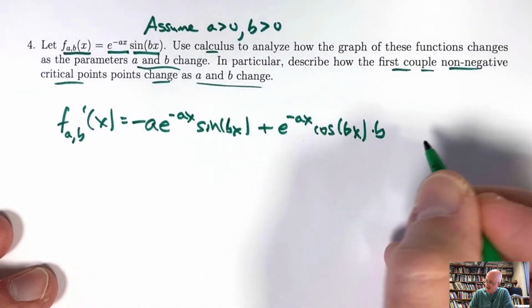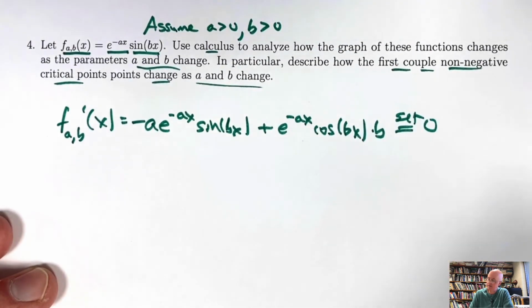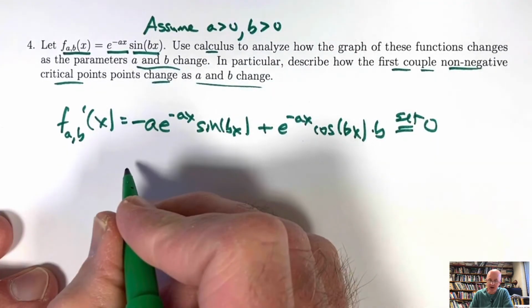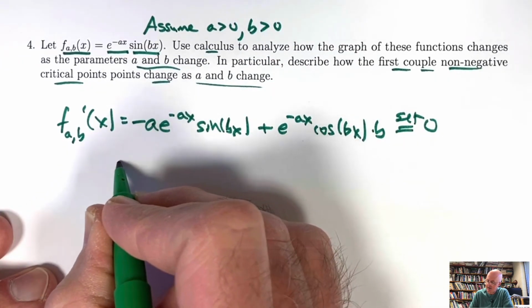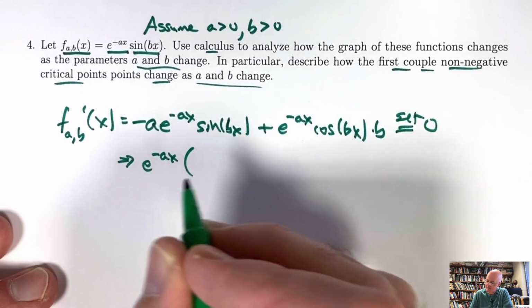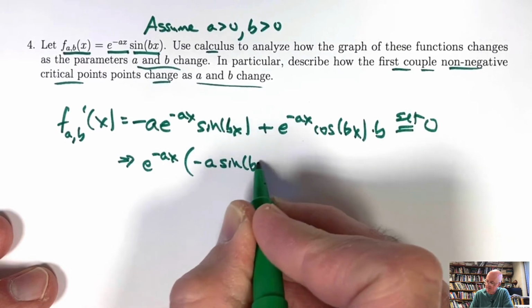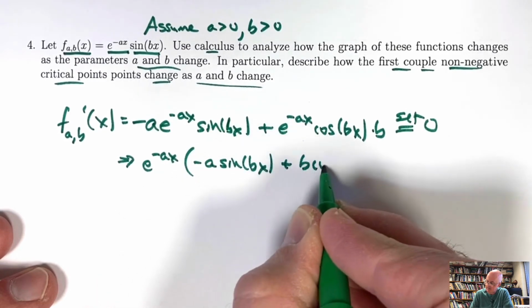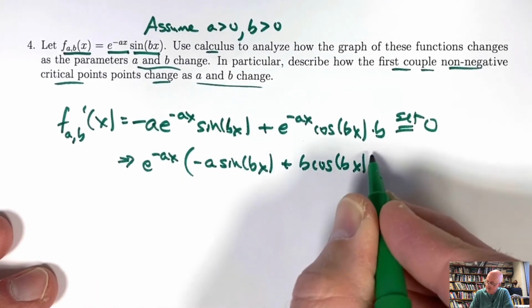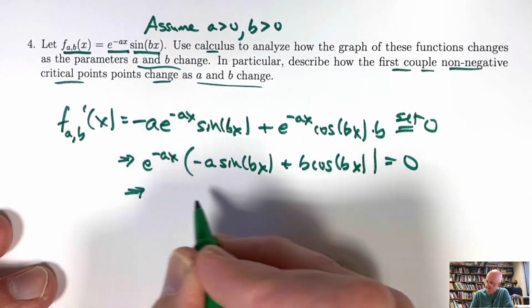We want to find critical points, set this equal to 0, and solve for x. Doesn't look so easy. Can you factor anything out? Yes, you can. You can factor out an e to the negative ax, which is never 0, so that's nice. What's left over in parentheses is negative a sine of bx plus b cosine of bx.